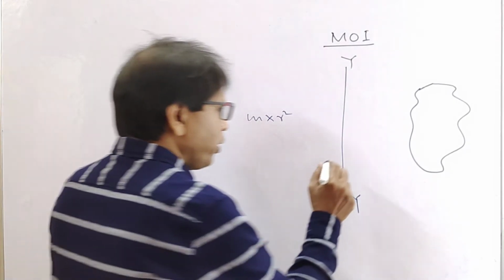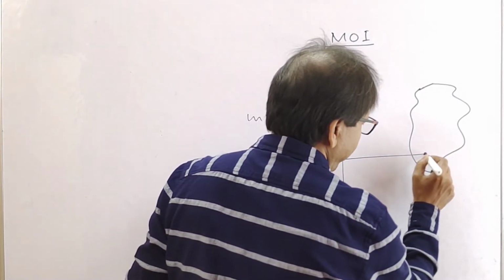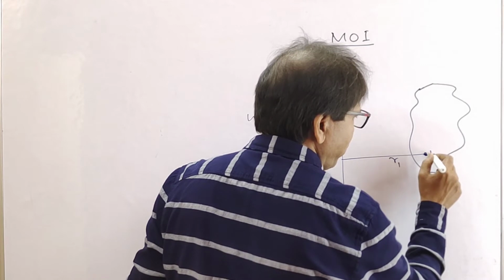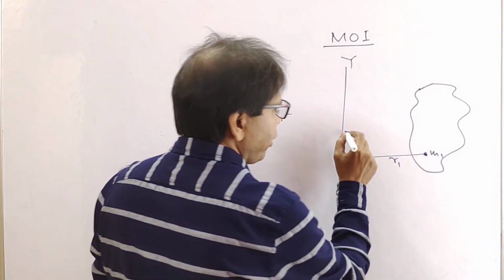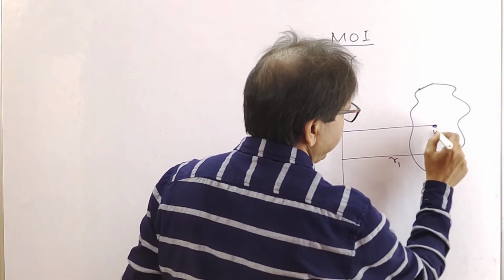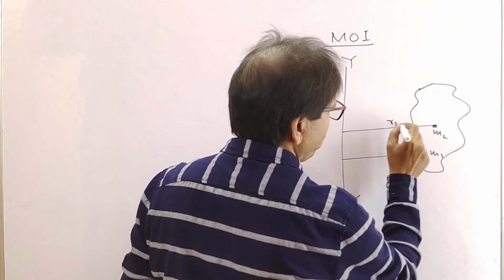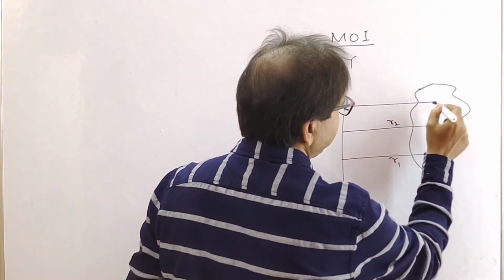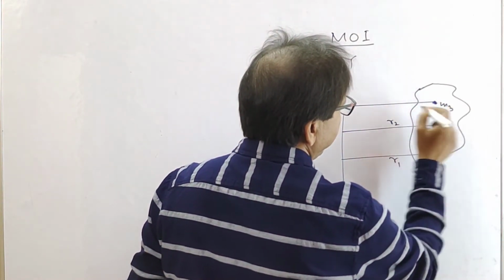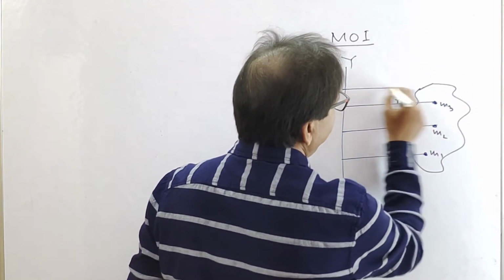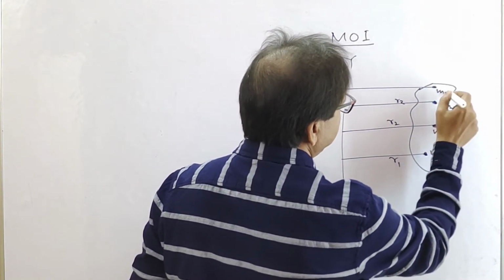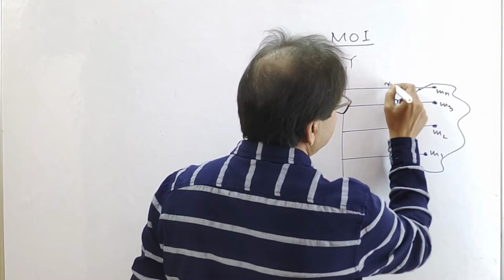Now suppose this mass m1 is at a distance r1 from the axis y dash, this mass m2 is at a distance r2 from this axis, here mass m3 is at a distance r3, and here mass mn is at a distance rn from the axis.